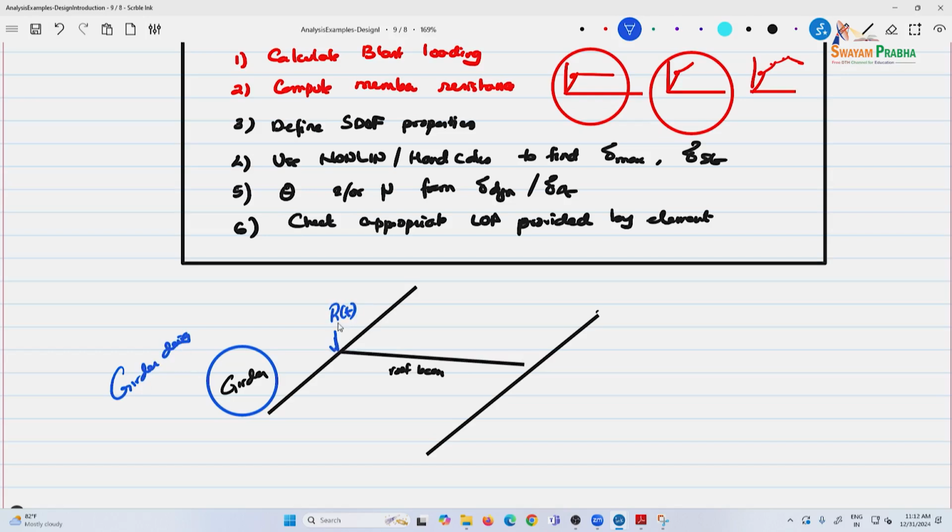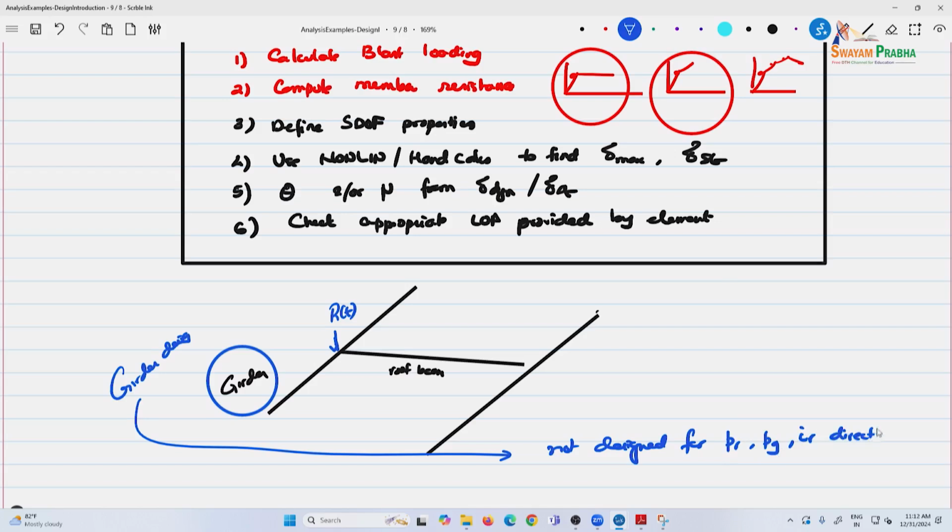So the girder is not designed for your pressures directly, for the PR, PG, IR, etc. directly.